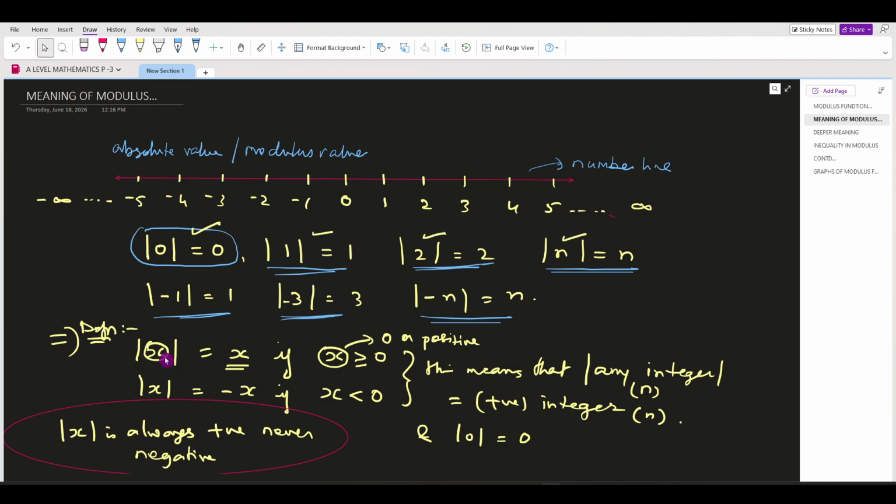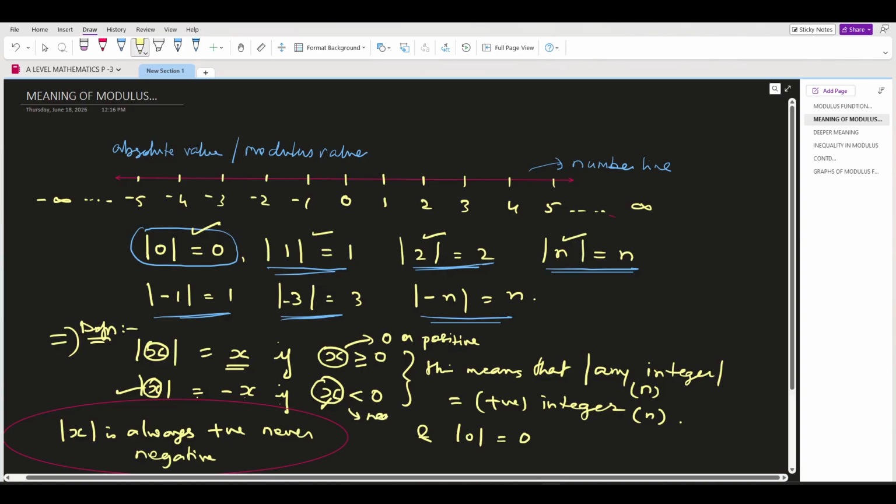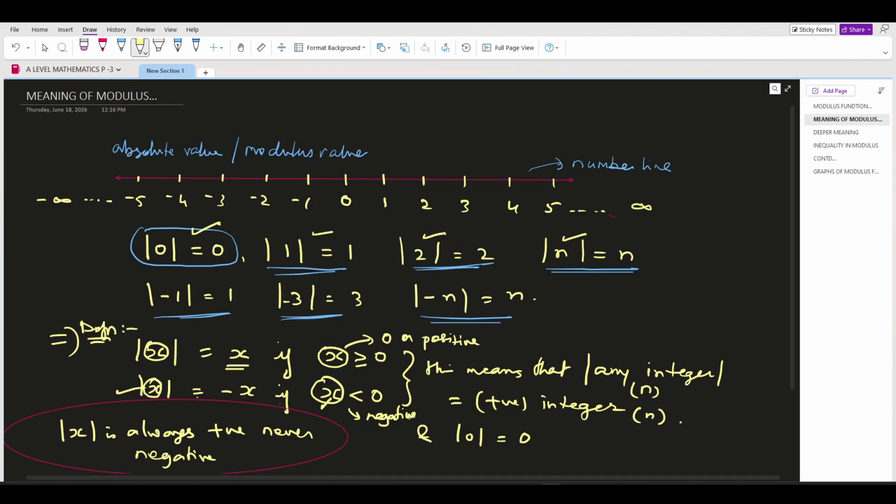Now there is another part to this definition that is written in the second line. Absolute value of x is equal to minus of x if this x, the x which is placed between the two parallel bars, is less than 0, meaning negative. So if the x between these two bars is a negative integer, then its value will be negative of x.